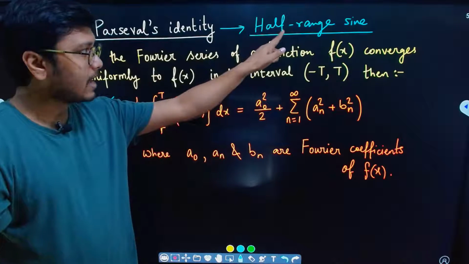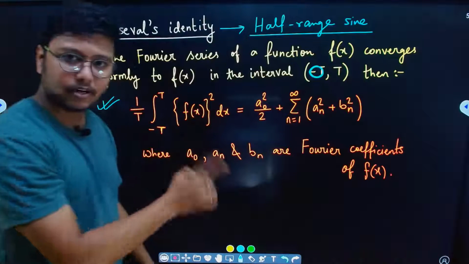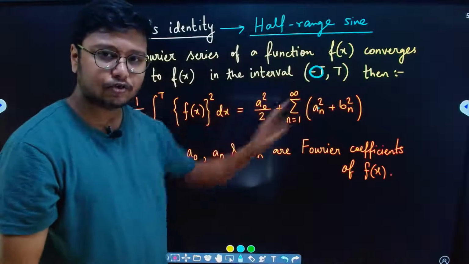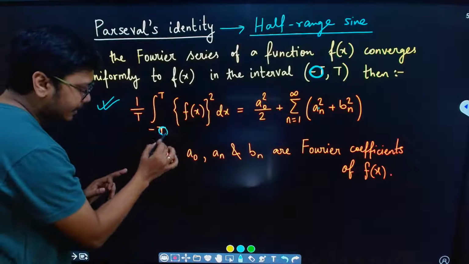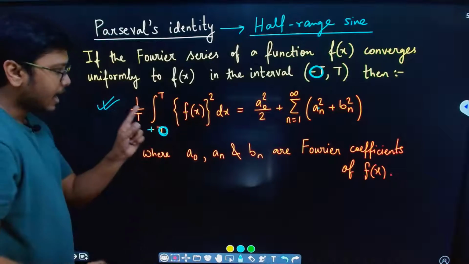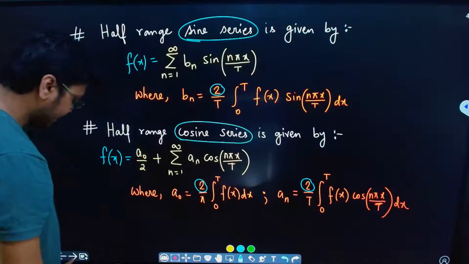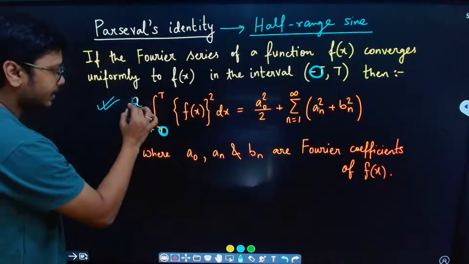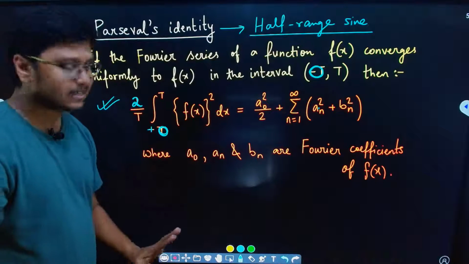The moment it is half range, the interval is going to become 0 to t, not minus t to t. So here the limit will be 0 to t. As I told you, in half range a 2 is getting multiplied, so there will be a 2 over here: 2 by t, 0 to t, f x whole square dx.